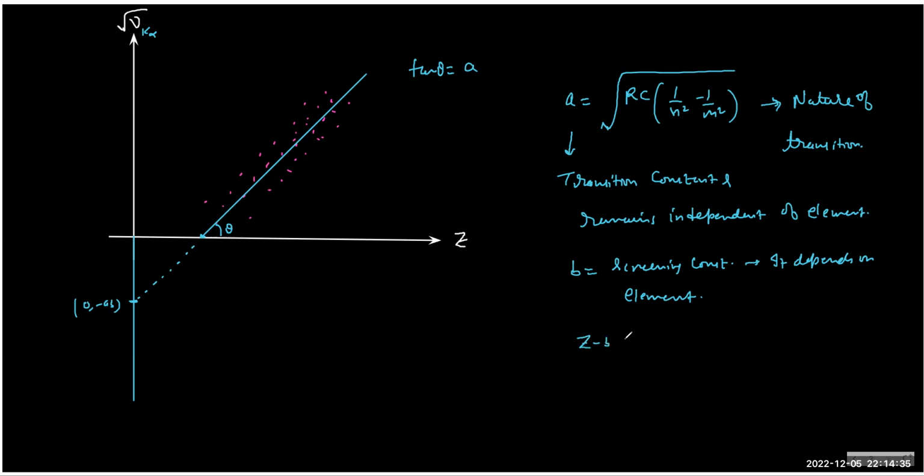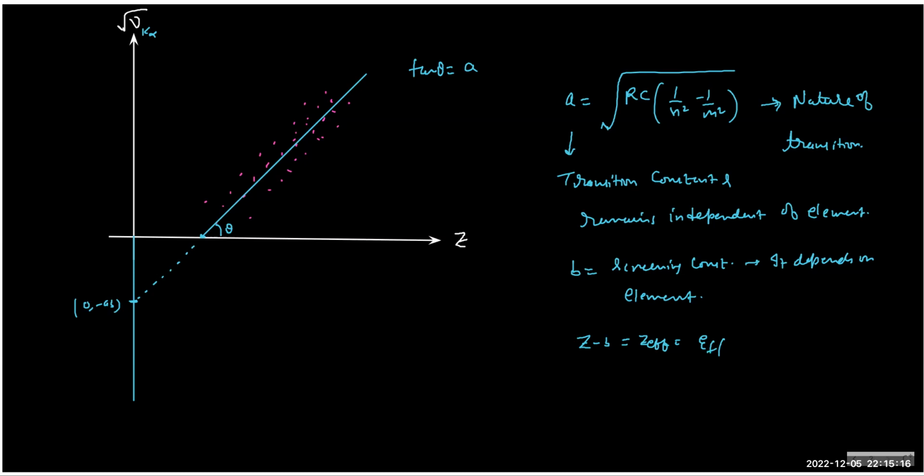And Z minus B is called, what do we name it? Effective atomic number, or you can say effective nuclear charge.